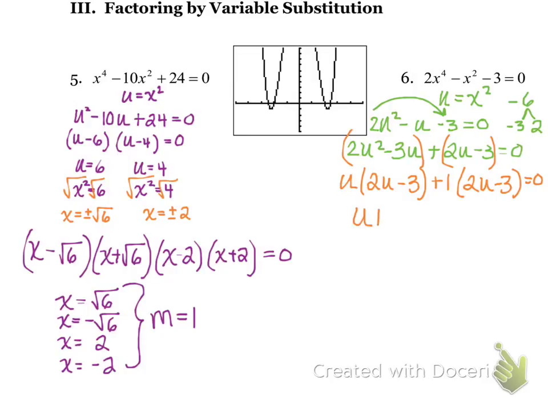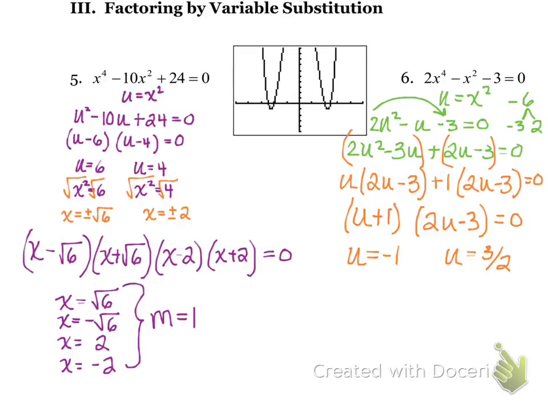So I would have u plus 1 and 2u minus 3. Well, this would mean u equals negative 1 and u equals positive 3 over 2.